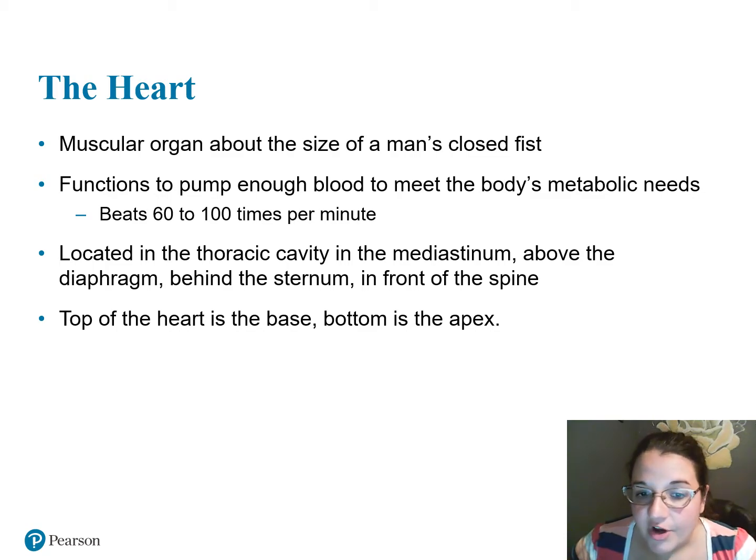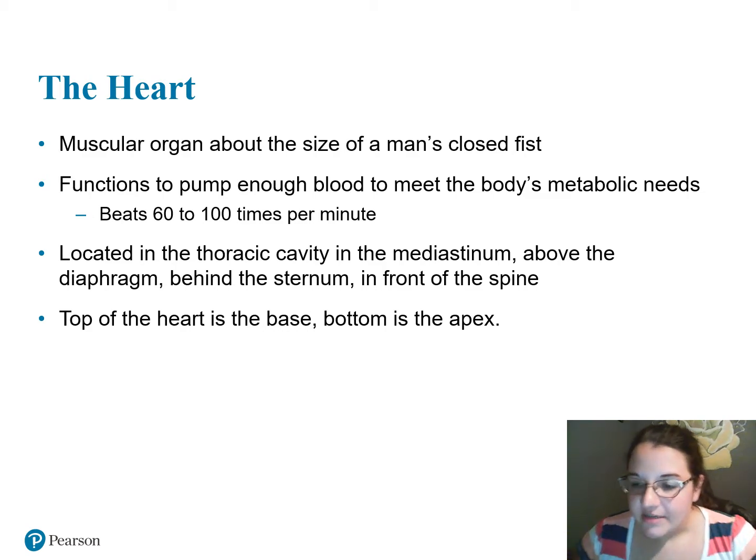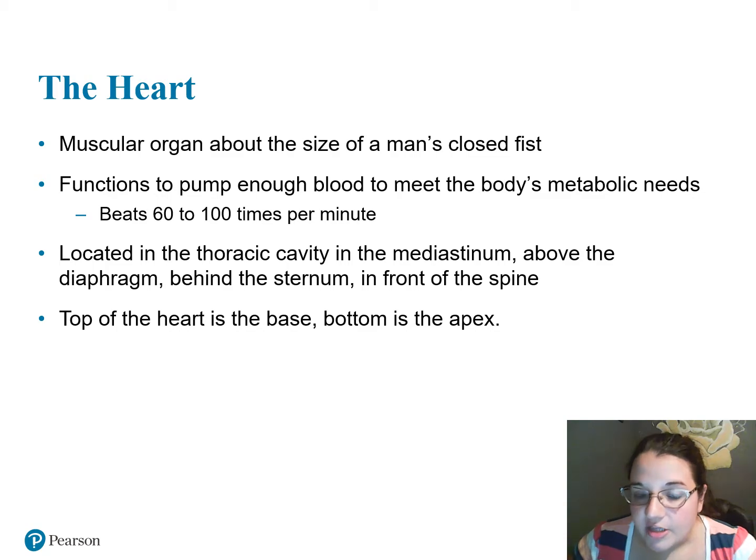The top of the heart is called the base, and the bottom is called the apex. So a good way to remember is you always think of the base being at the bottom, right? So when you think of the heart and you're trying to label or determine which is the base and which is the apex, you automatically reverse your thinking.